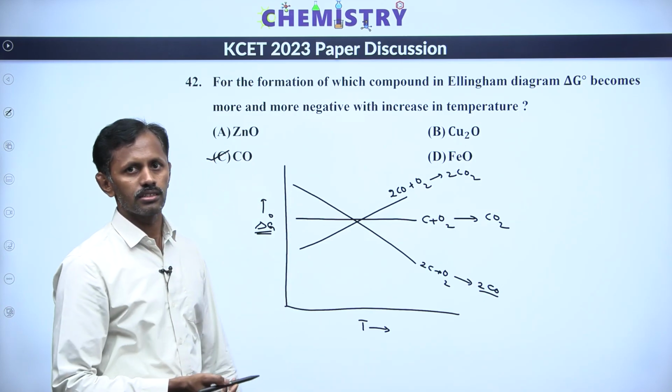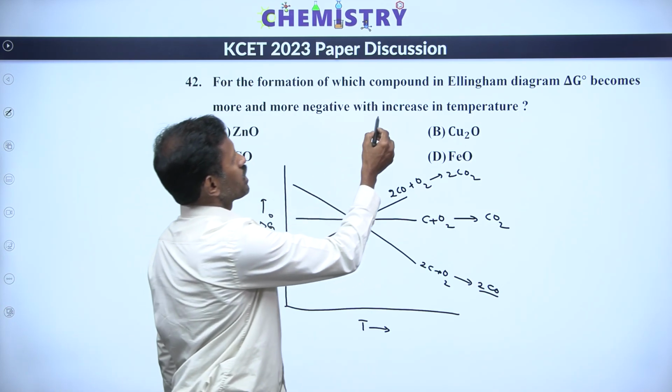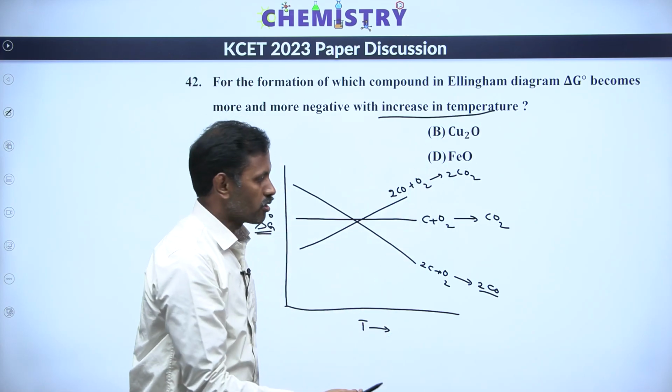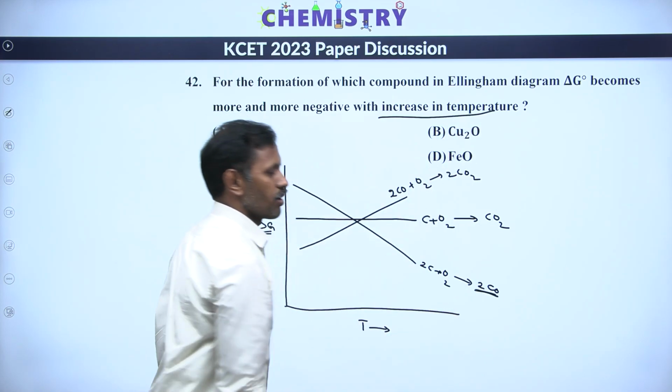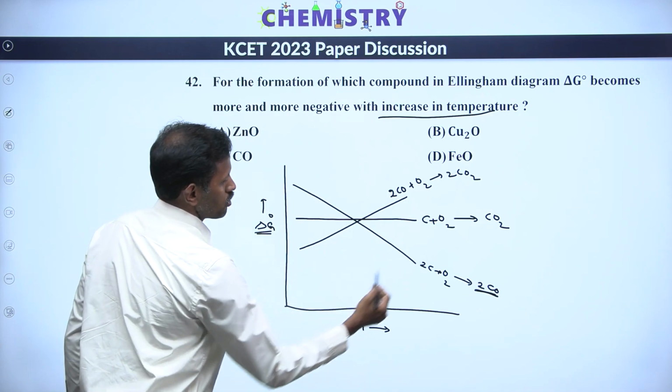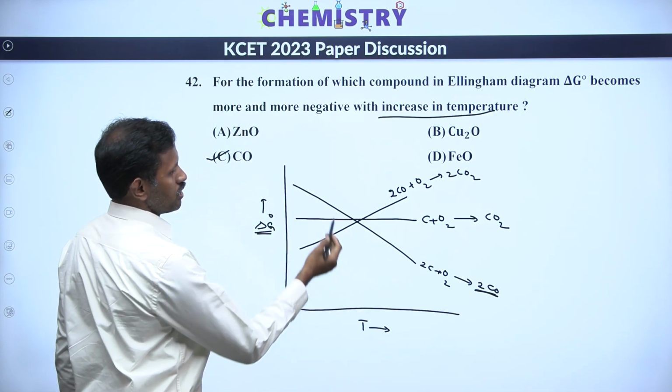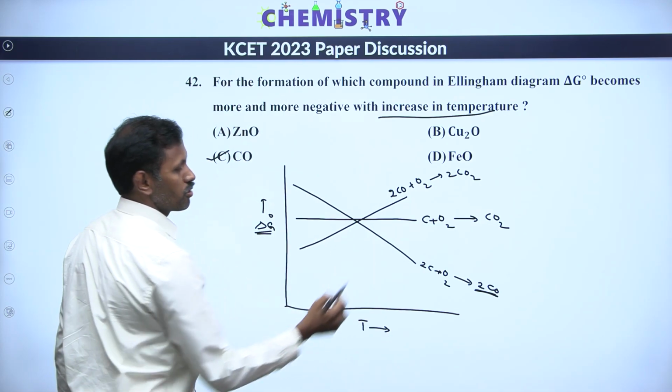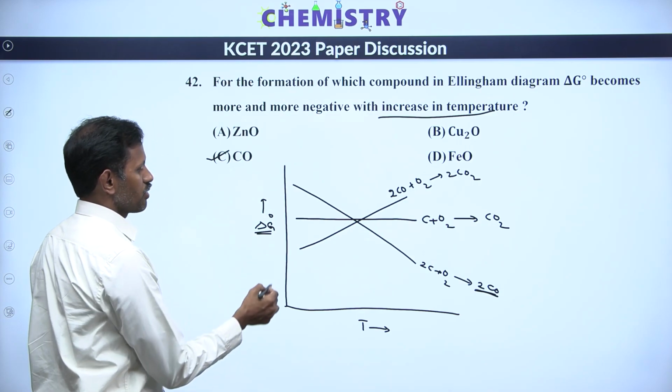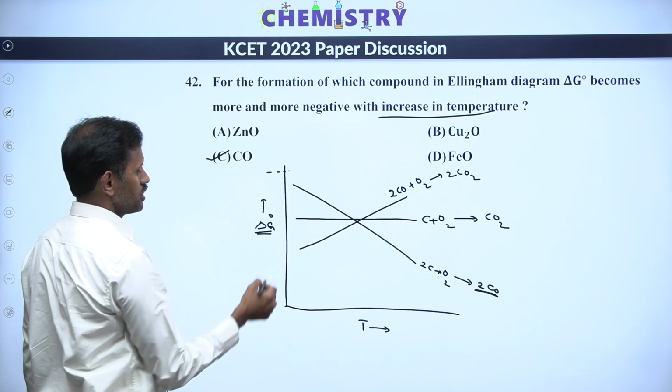As per the question, if we increase the temperature, it becomes more spontaneous. Therefore, for the formation of carbon monoxide, the curve goes to the right side as temperature increases, and delta G naught becomes more negative. These are negative values.